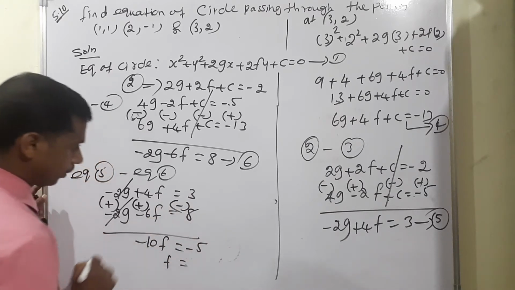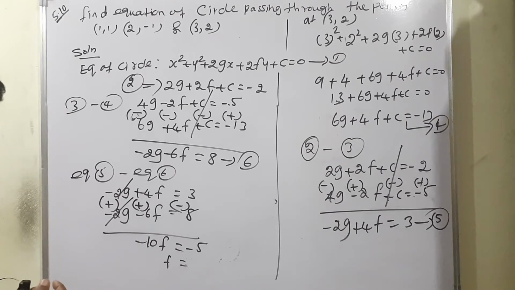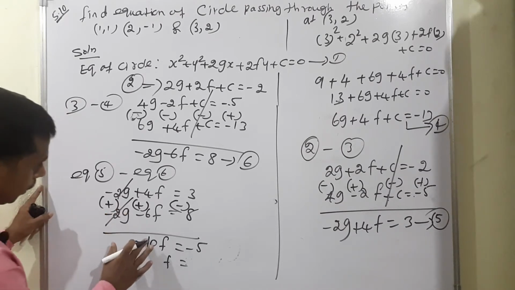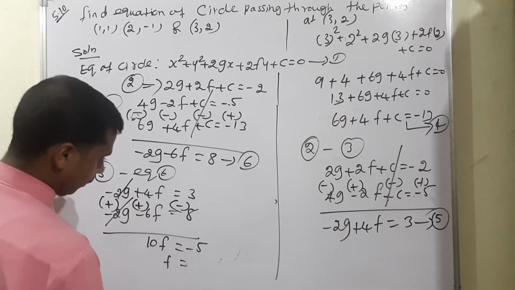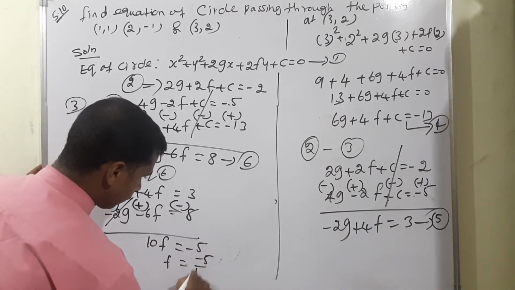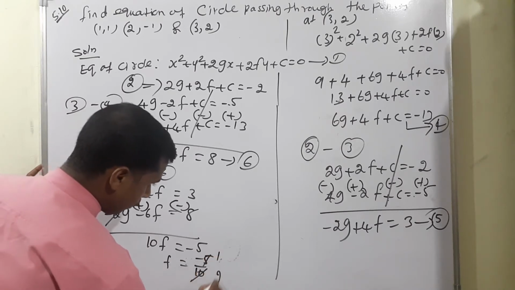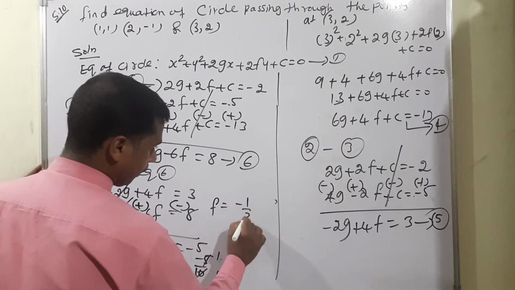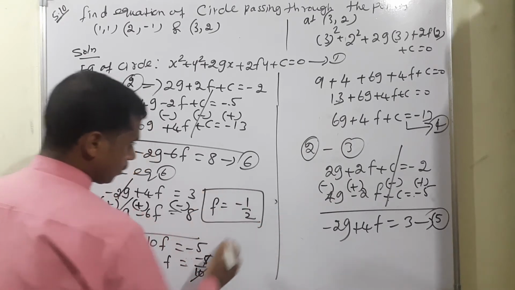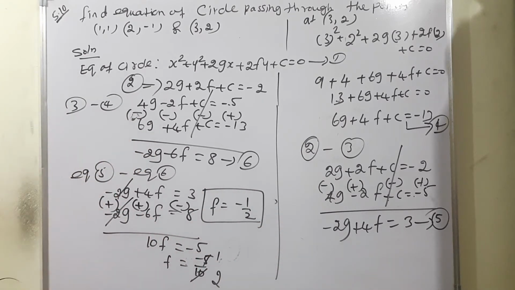Therefore f is equal to, so this is positive 10f, isn't it? Because plus 4f plus 6f. So 10f is equal to minus 5 means f is equal to minus 5 by 10. Cancel means by 5, isn't it? Therefore f is equal to minus 1 by 2. So put f in equation number 5 or 6.